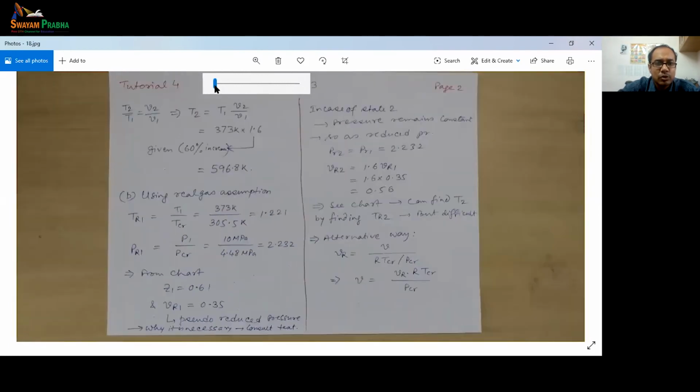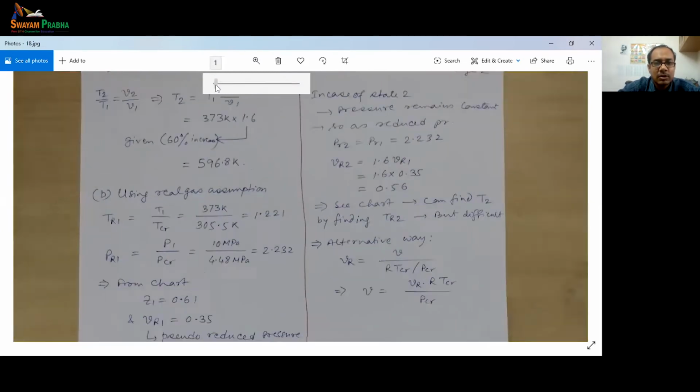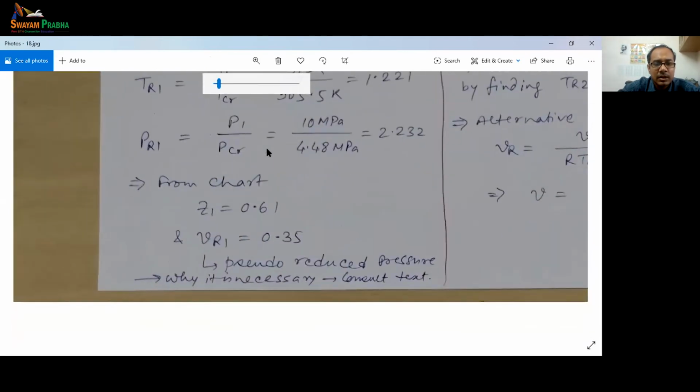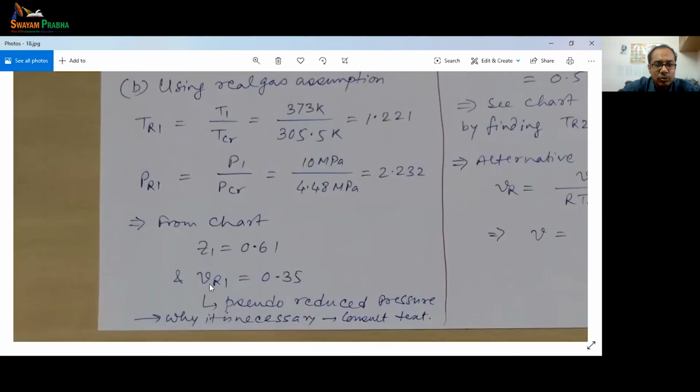But I want to show you that there are two things to be read in this problem: both the compressibility factor ZR and the pseudo reduced volume VR1. Why is this necessary? It is difficult for me to explain in this problem. You can look that up in the text. I insist that please look that up.